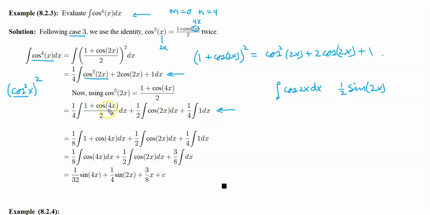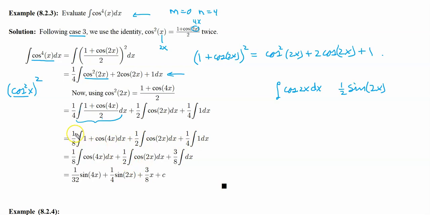For this one, we can do a little simplifying, move the 2 out. So we get 1/8 integral 1 plus cosine 4x, plus the rest, which is just repeated down here. Now we can integrate all of this. Let's simplify a little bit here.